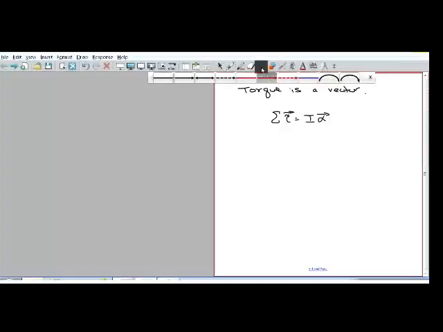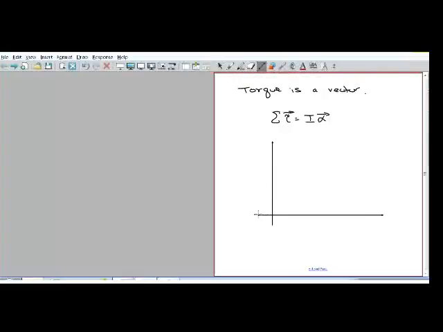So let's just show something here. If I have a coordinate system, and let's say I have a radius vector that goes up here like that. So this is my radius vector.